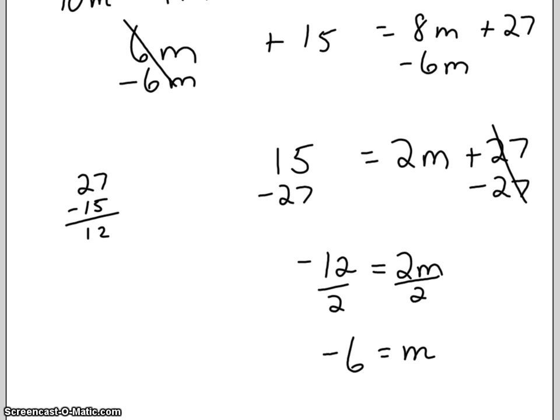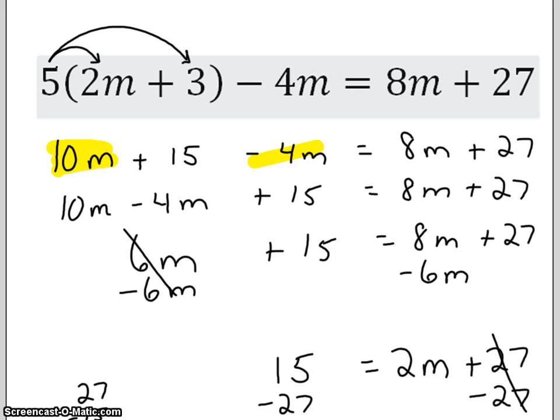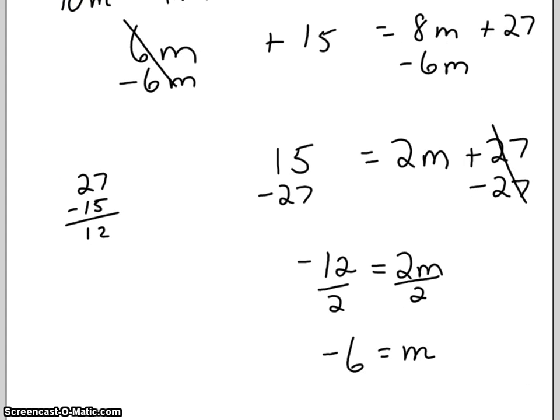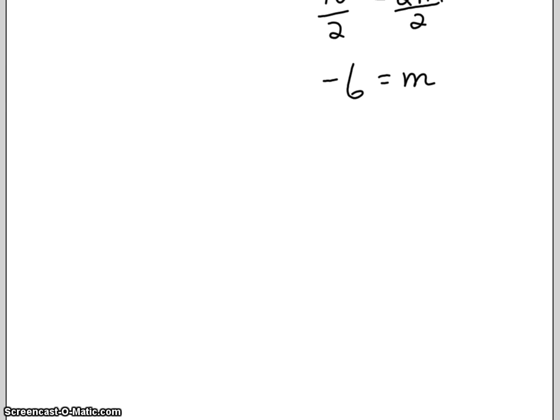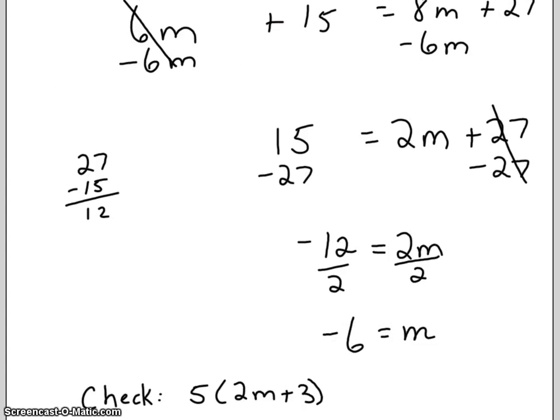But we have to go ahead and check this. So let's look at the original problem, which said 5 parentheses 2m plus 3, and then it was minus 4m equals 8m plus 27.